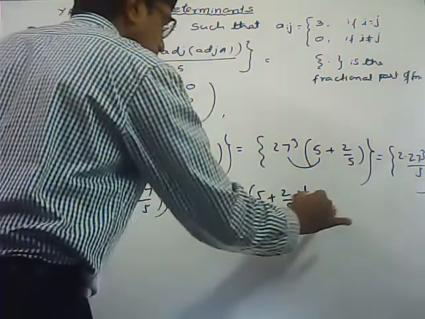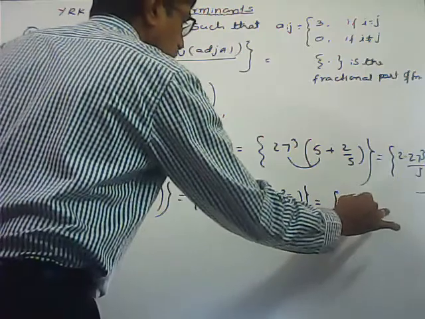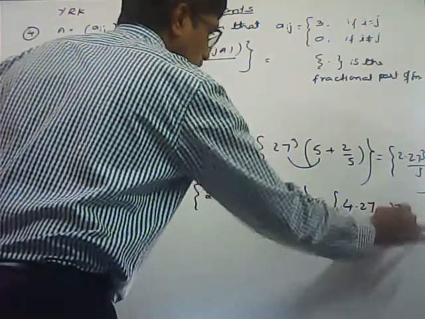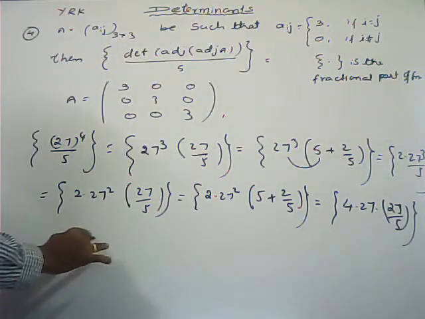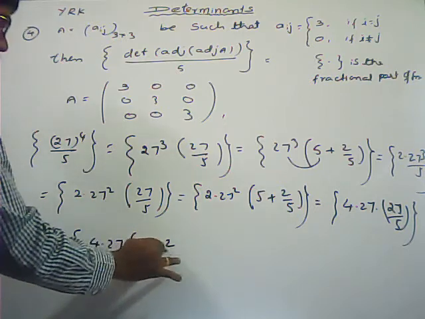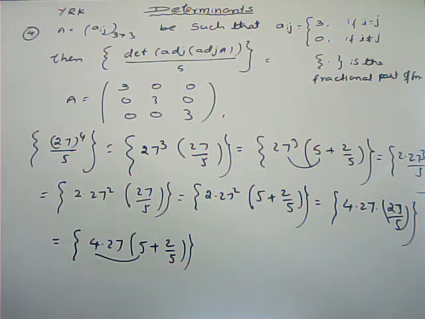And here again, 2 twos are 4, 27 square I can write 27 into 27 by 5. Again that is equal to 4 into 27, again here we can write 5 plus 2 by 5. By multiplying these two we can get the integral value, the fractional part of the integral value, that is 0 only.